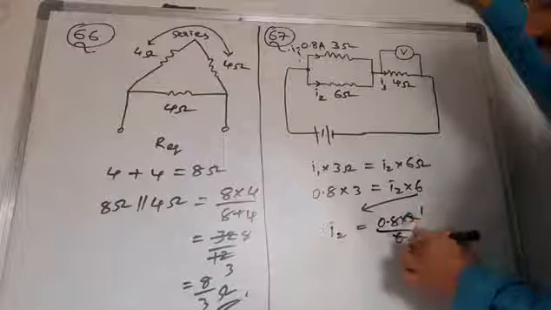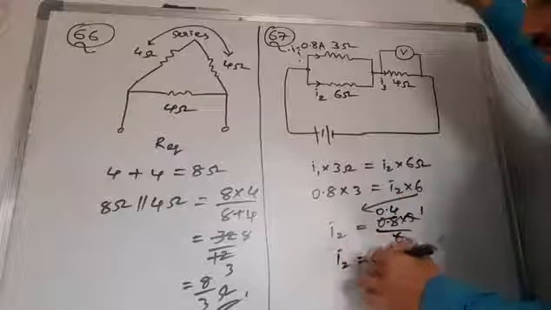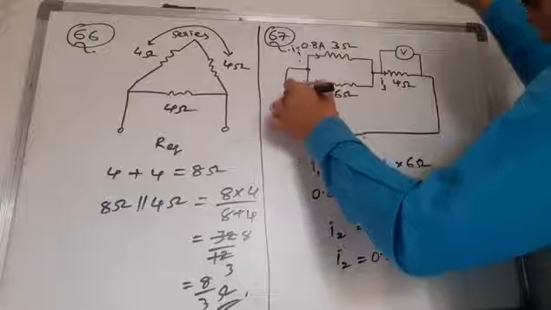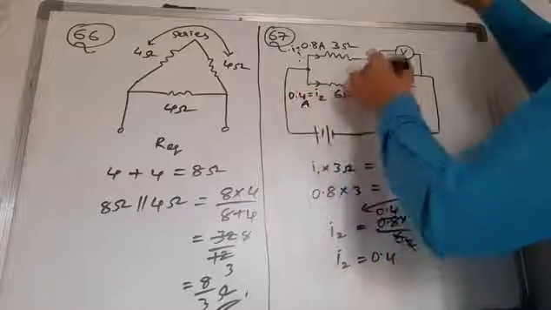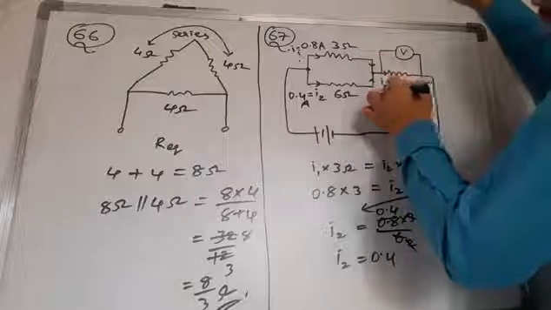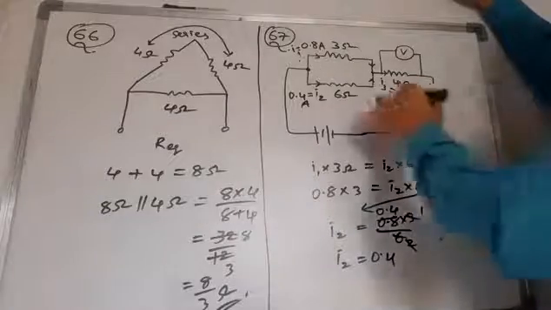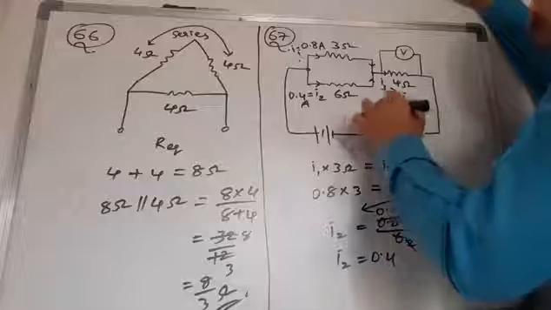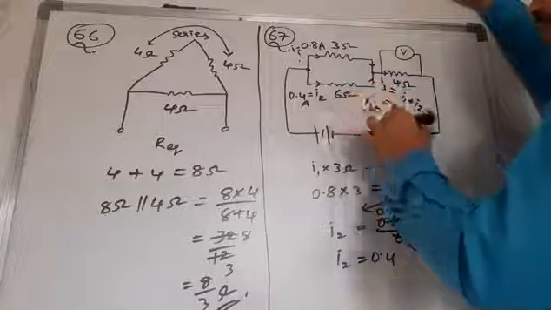So I2 is equal to 0.4 amps. Now these two currents are moving towards the junction and combining with I3. So I3 must be equal to I1 plus I2, that is 0.8 plus 0.4, so I3 is equal to 1.2 amps.